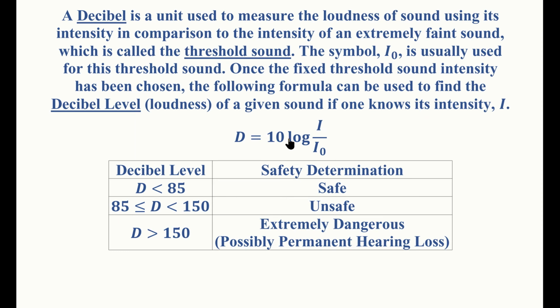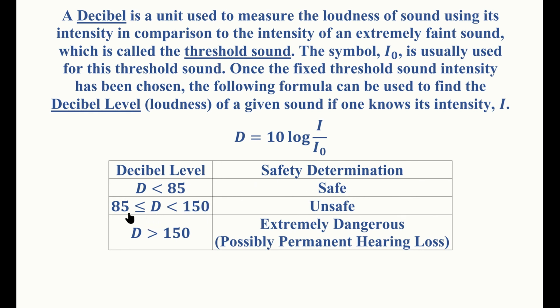We use this logarithmic equation for the decibel level, and the units are lowercase d, uppercase b. Those audiophiles among you, I'm sure, have seen that measurement unit. Basically, as far as decibel levels are concerned, any decibel level that's less than 85 is considered safe.